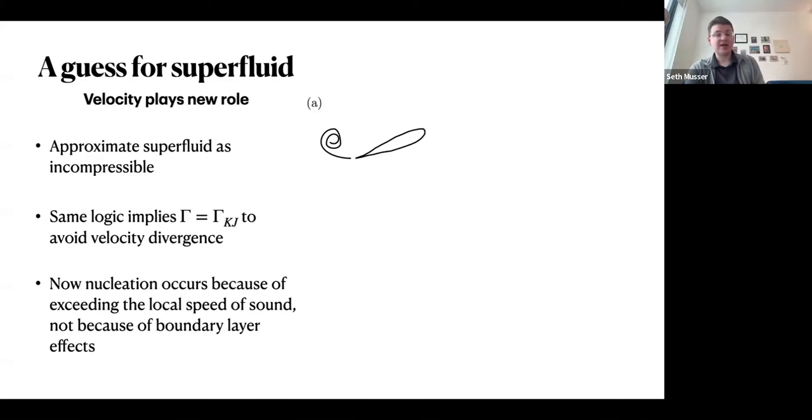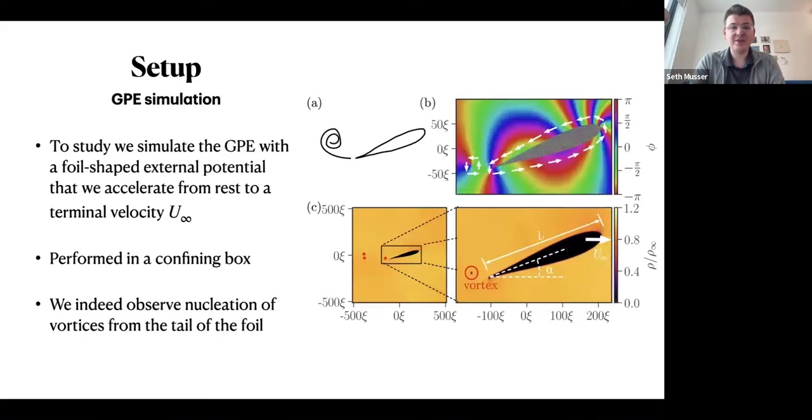Okay, so going into our numerics with this hypothesis, I'll now discuss what we found numerically. So we simulated the GPE with a foil-shaped external potential that we accelerated from rest to some terminal velocity. So you can see here a density map of this foil where the density of the superfluid is very nearly zero inside the foil because of the external potential.